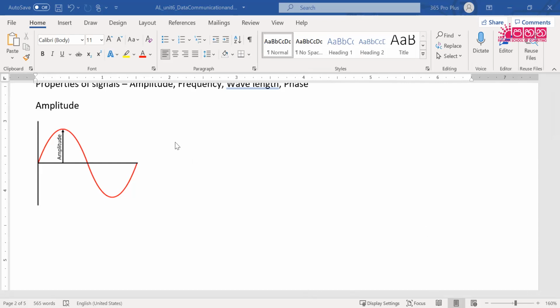We can write down this is the height of the wave.